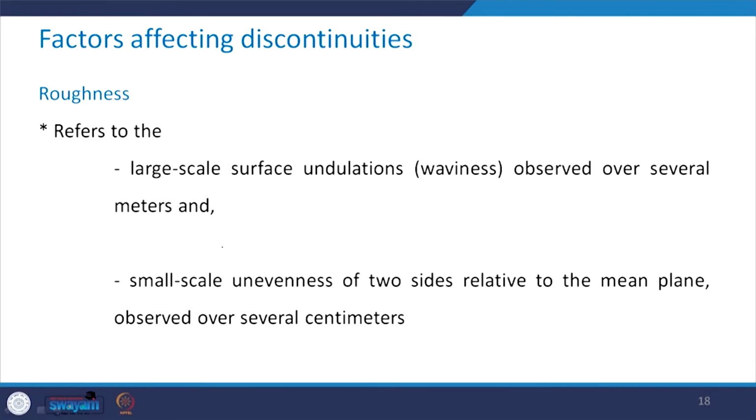One is the large scale surface undulations or waviness, which is observed over several meters, and the second one is the small scale unevenness of the two sides related to the mean plane, which is observed over several centimeters. One is large scale, the second one is small scale. The large scale runs over several meters. However, the small scale unevenness is observed over several centimeters.